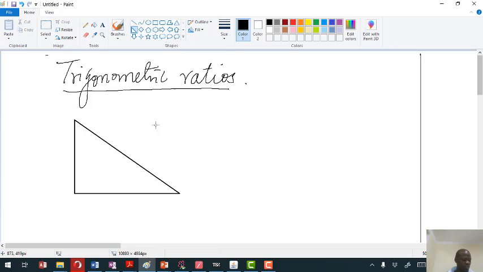We still have a right angle triangle, and we are going to call it A, B, and C. Remember, this is our hypotenuse.